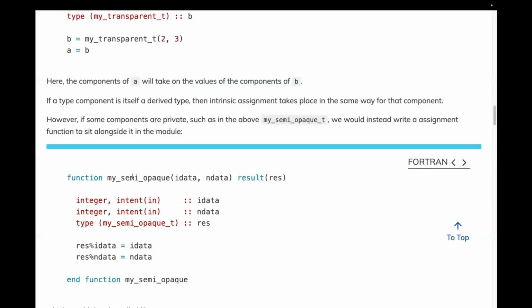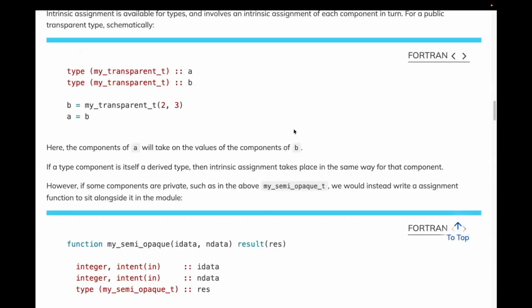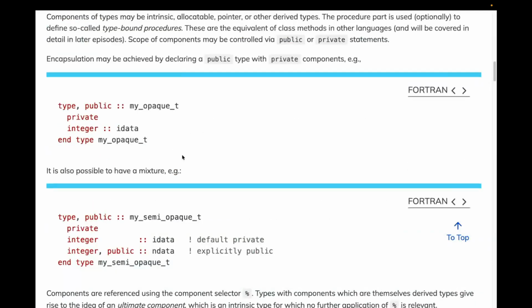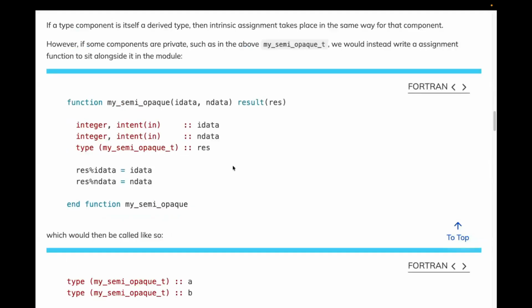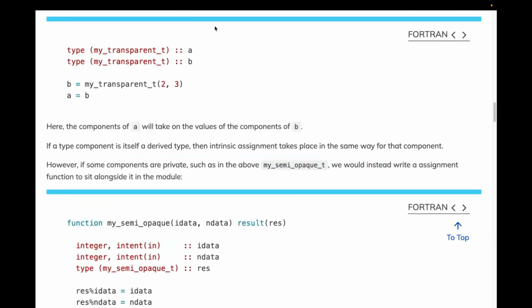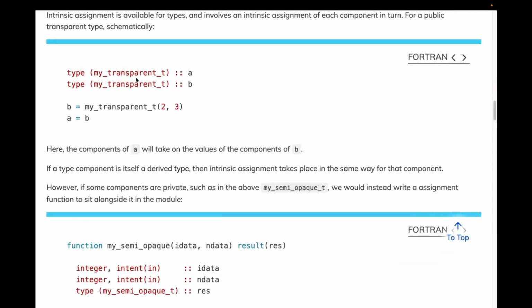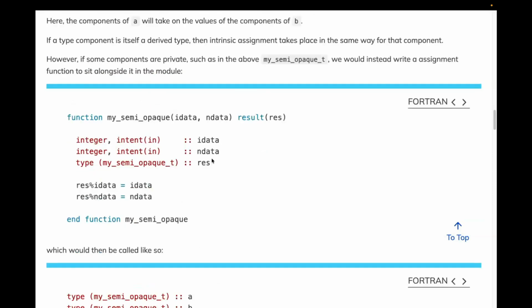If we are actually working with any private components, such as in the my semi-opaque type or the opaque type that we had up at the very top, then we need to do things a little bit differently. Remember, in this case up at the top, this wouldn't work, because now the things inside these are hidden.